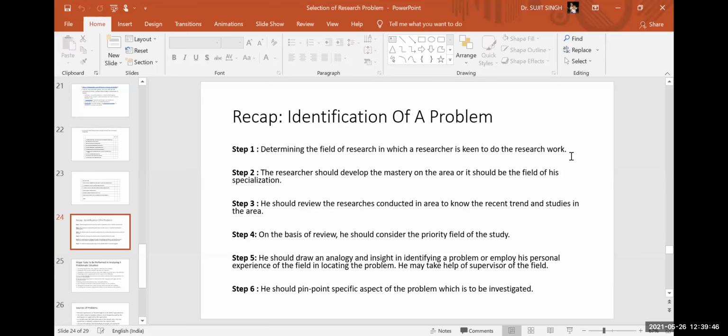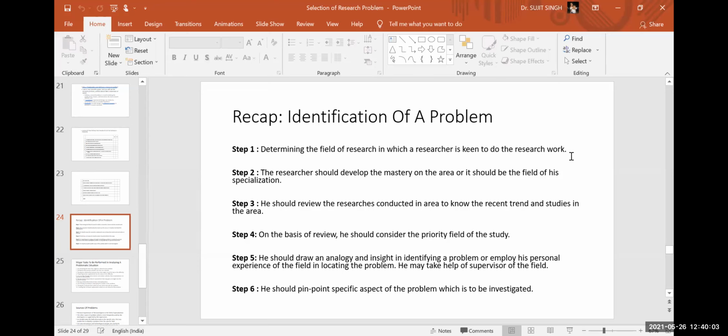That area should be related to your background. That means if you are pursuing a master's in manufacturing technology management, you can go for some sort of manufacturing project, right?